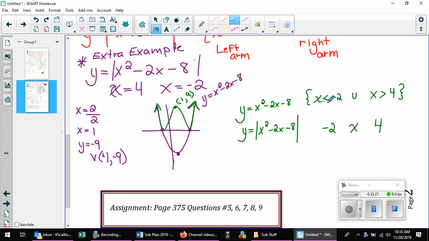Ooh, these should now have the equal signs attached to them because the zeros go with the original function. So these ones won't. So the hump is always one statement, and the arms will always be two statements because you have two arms, one hump.